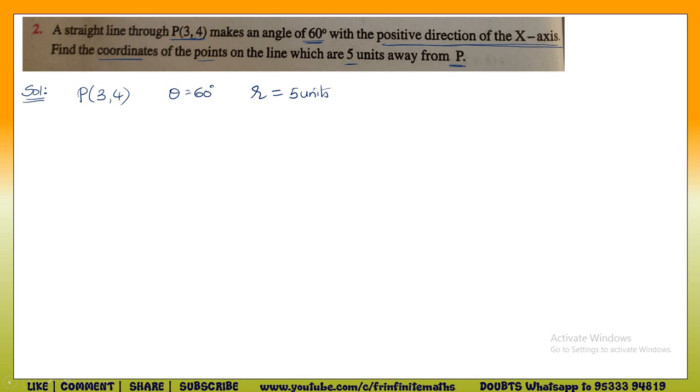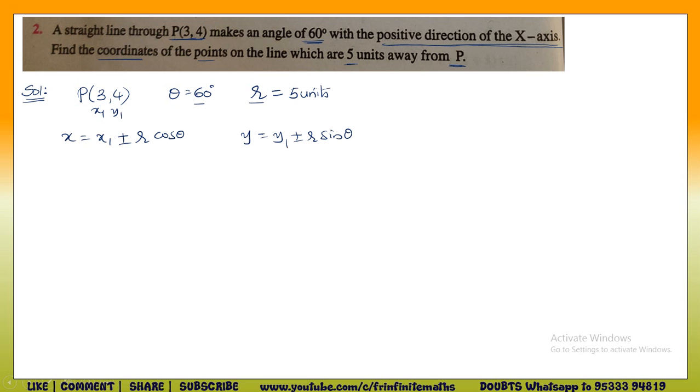So what is the parametric form? x is equal to x1 plus or minus r cos theta, y is equal to y1 plus or minus r sin theta. So here clearly, the given point is x1 comma y1, this is theta and this is r.